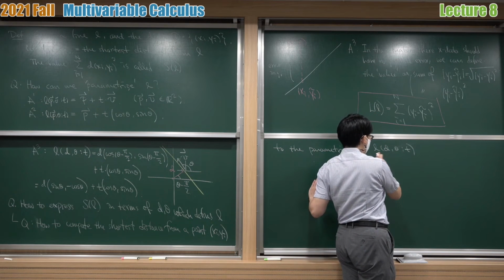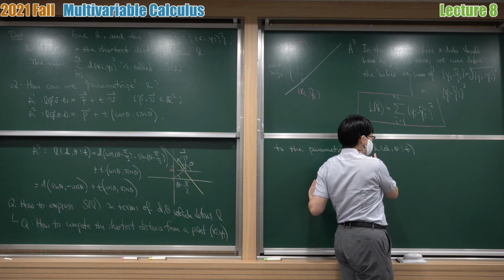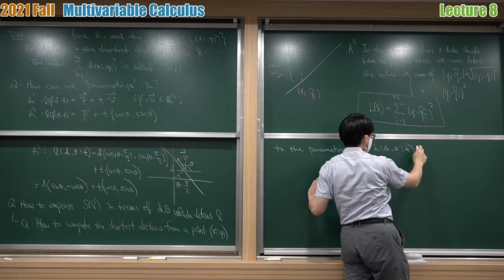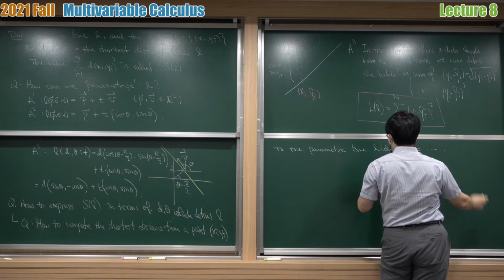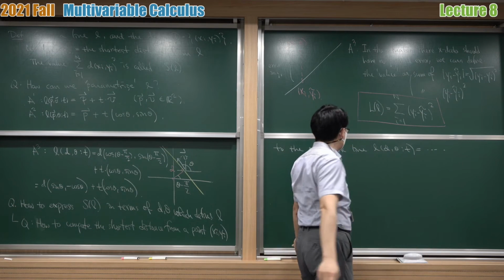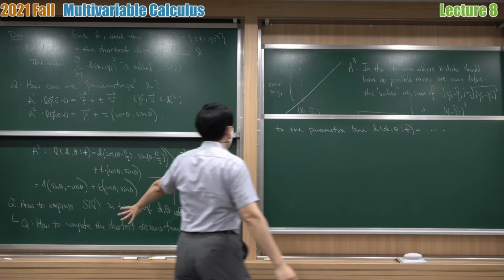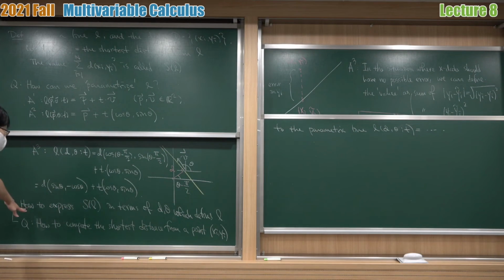Here d and theta are the parameters defining the line L, and t is the parameter of this parametric equation. This is our sub-question to answer the question here.